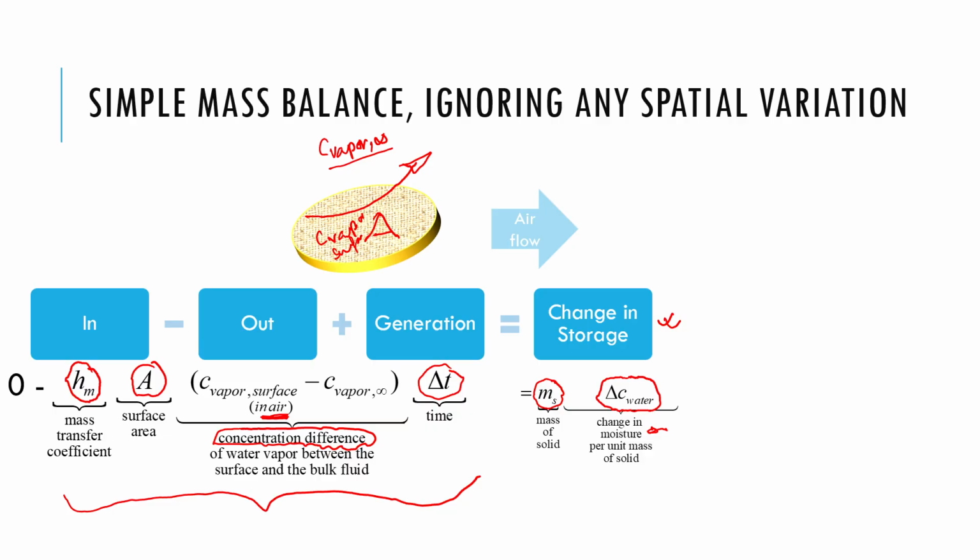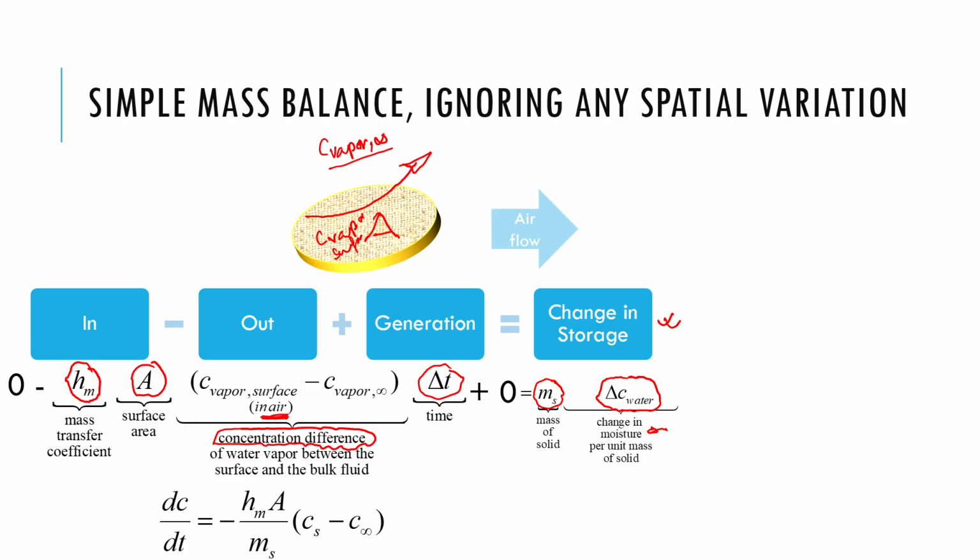Simplifying and letting delta T go to 0, we get this equation. Notice there is no x, no position variable. It's just a function of time.